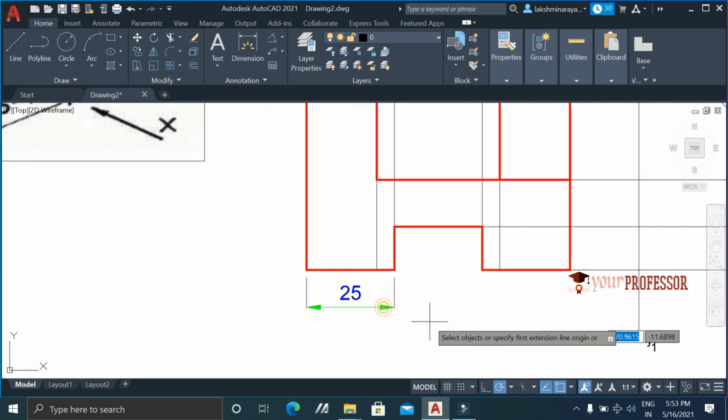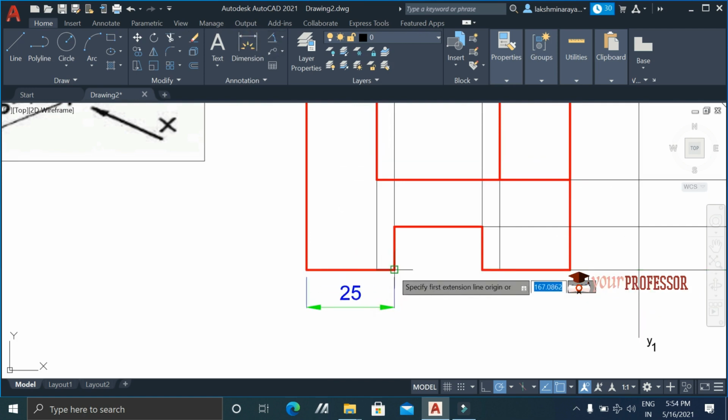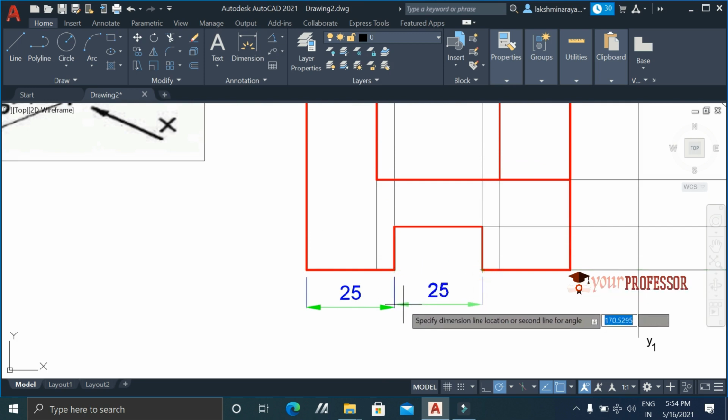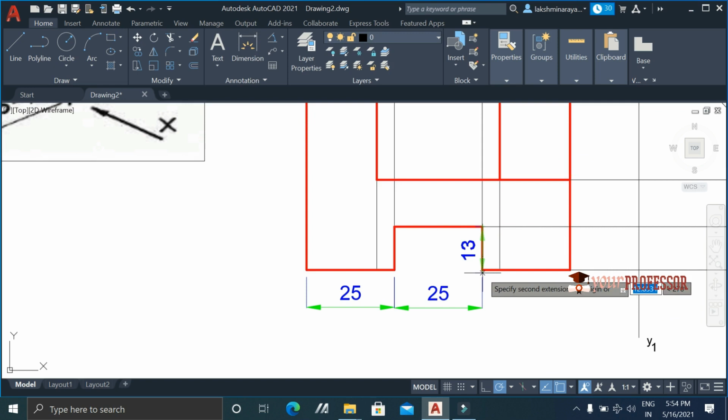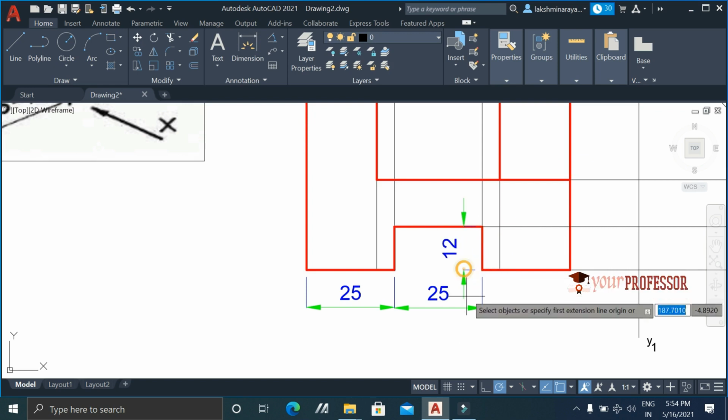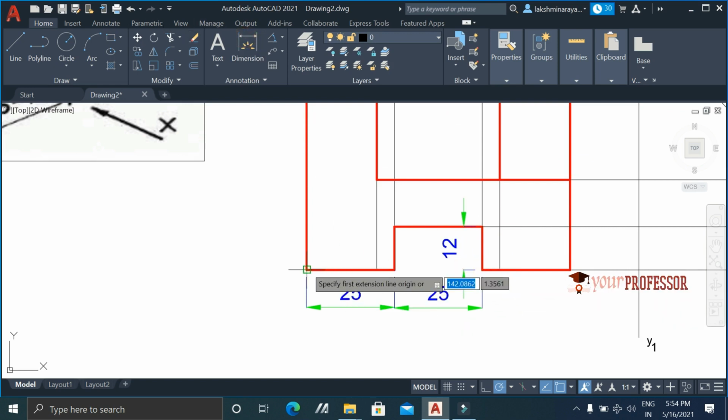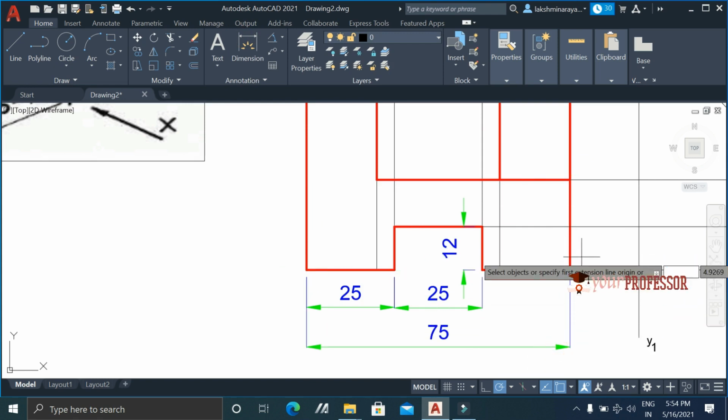This is 25. This is 25. This is 12 mm. And the complete length is 75 mm.